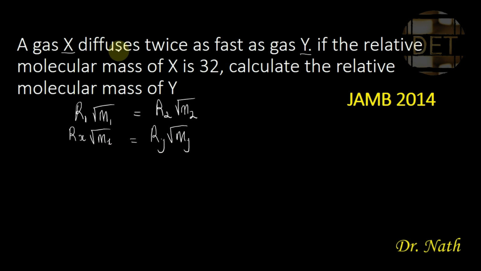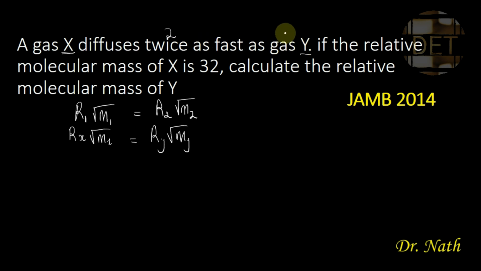A gas X diffuses twice as fast as gas Y. That tells you that the rate of diffusion of gas X is twice, 2 times as fast as gas Y.